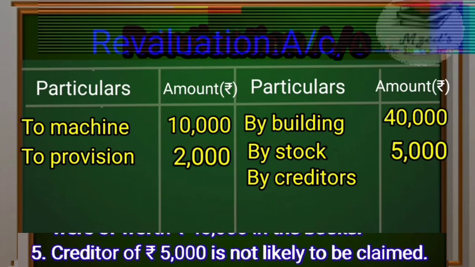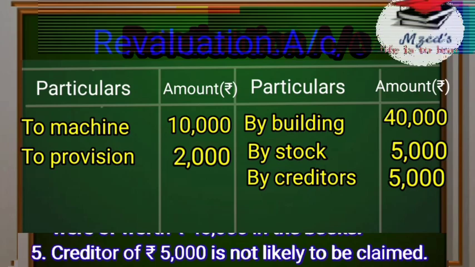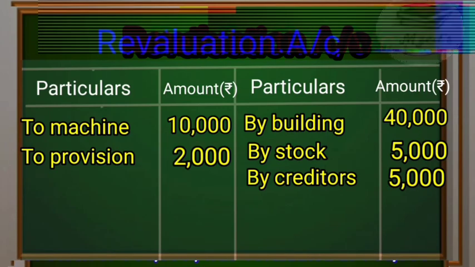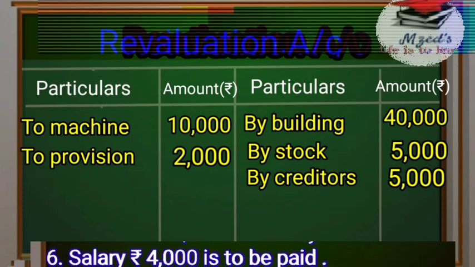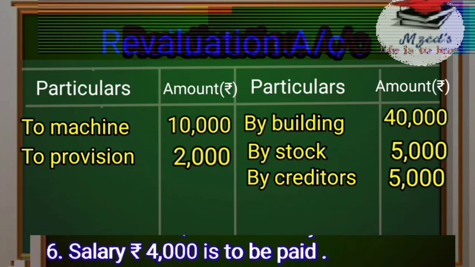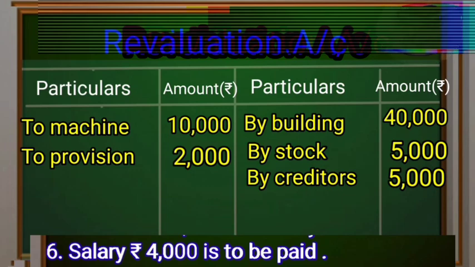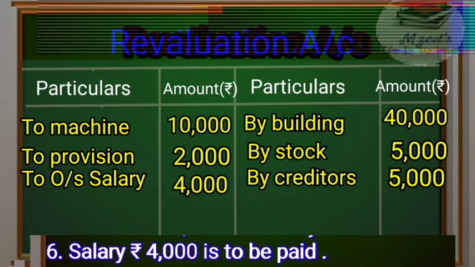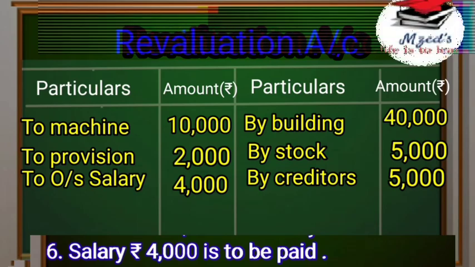Next entry which we took from the question, that was the salary of rupees 4,000 is to be paid. That means it is the outstanding salary, unrecorded liability, so it is a loss. It should be debited in the revaluation account by 4,000 rupees.